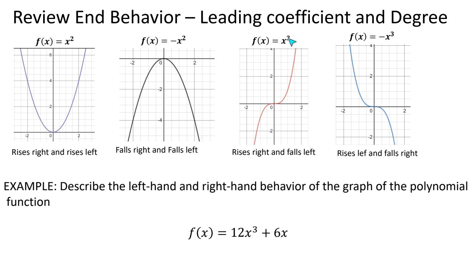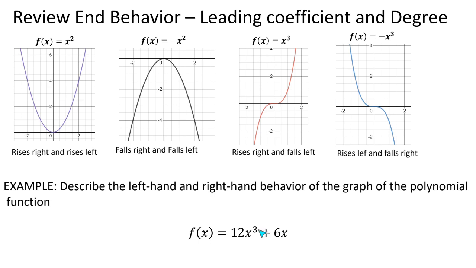If you have an odd degree and a positive leading coefficient, then the graph is going to rise to the right and fall to the left. And if it's a negative leading coefficient with an odd degree, then it's going to rise to the left and fall to the right. So here in this example, we have 12x cubed plus 6x.